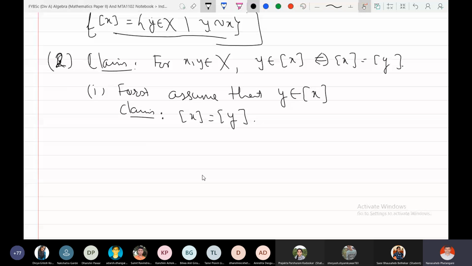So how to prove this? Suppose y is a member of the class of x. How to prove that two classes are equal?